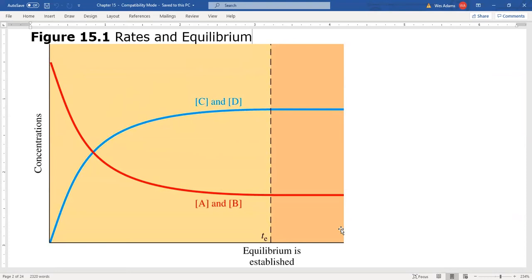And then C and D are the products. They begin to grow in because I didn't start with any of that, and they will plateau out at a maximum value. Where you see that dashed line, the equilibrium is established, meaning that now the forward and the reverse rates of the reaction are the same, at which point the concentrations won't change as long as the equilibrium is not disturbed.